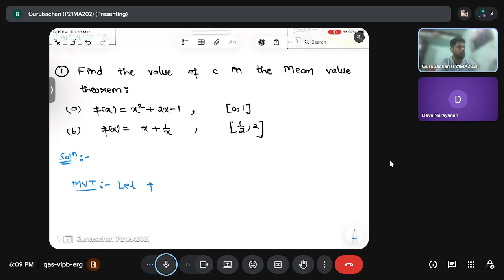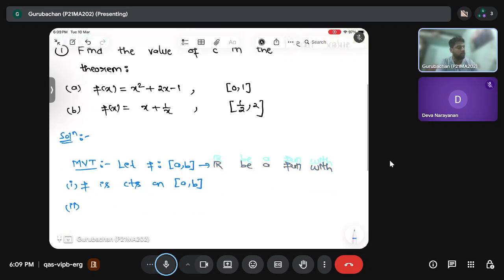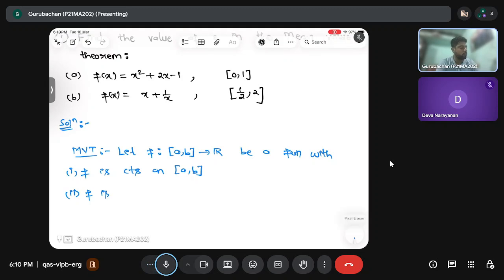Let f be a function, and let f be continuous on [a, b], and f is differentiable on the open interval (a, b).